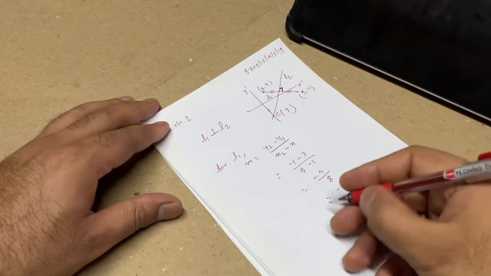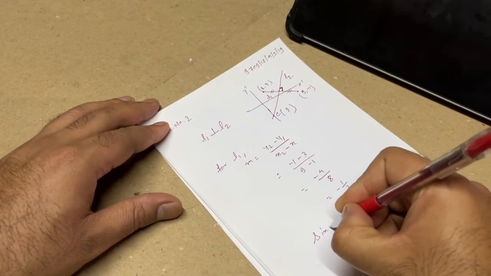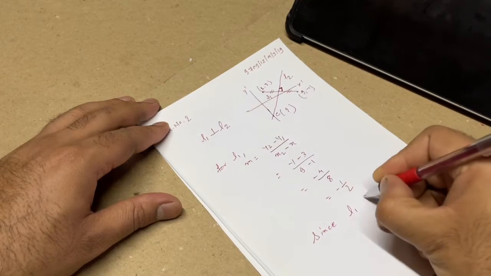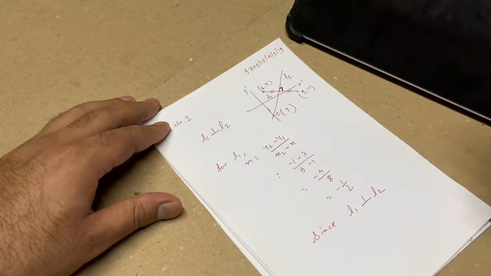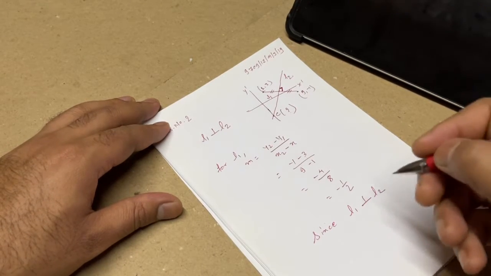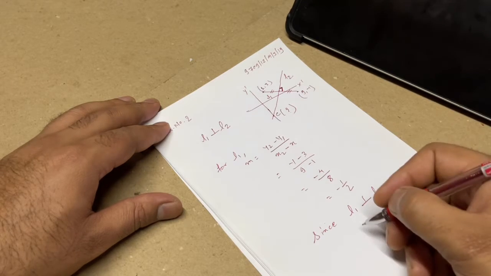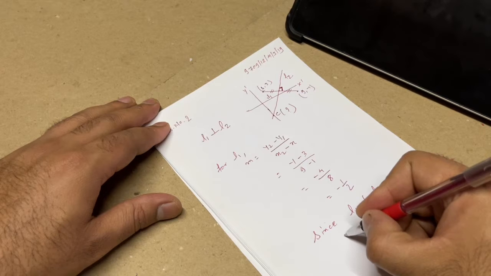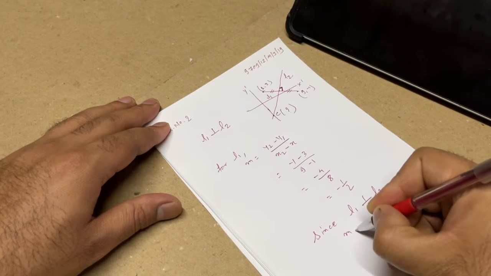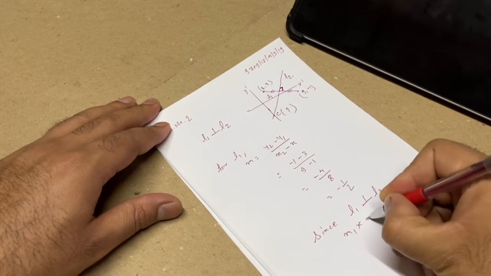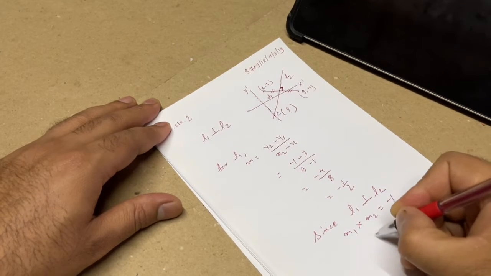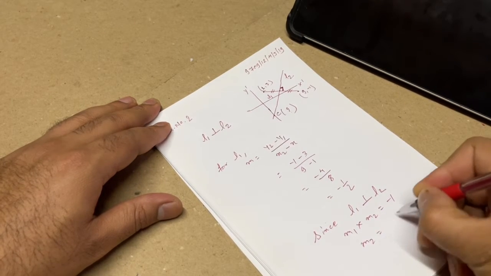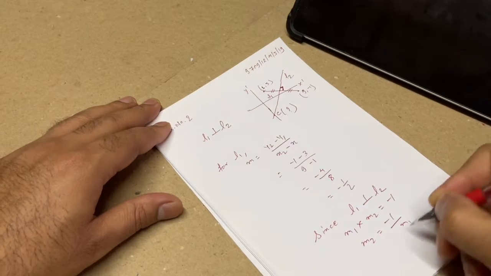Now, since L1 is perpendicular to L2, you need to calculate the slope of L2. Since they are perpendicular to each other, the product of the slopes will be -1. So m1 times m2 equals -1, so m2 equals -1 over m1.